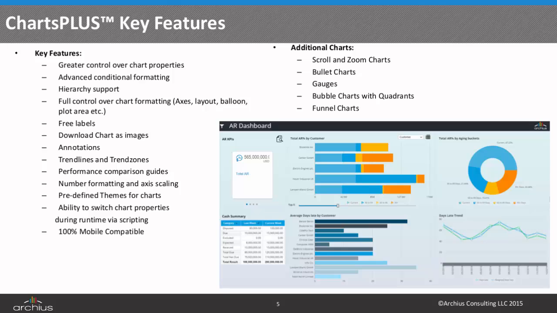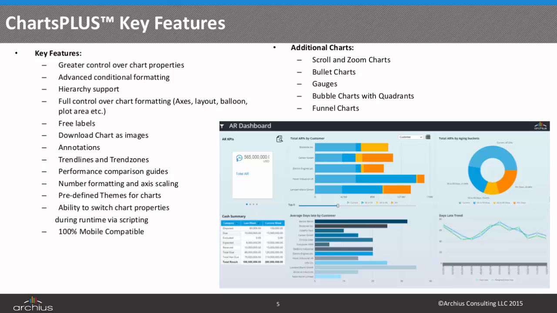So these are some of the key capabilities of ChartsPLUS. It's not just the number of charts which makes it unique. We also provide these 500 properties depending on the type of the chart you choose, which makes it more flexible in terms of what you can do with these charts. In most cases, we see customers using standard charts like a column chart, pie chart, line chart.